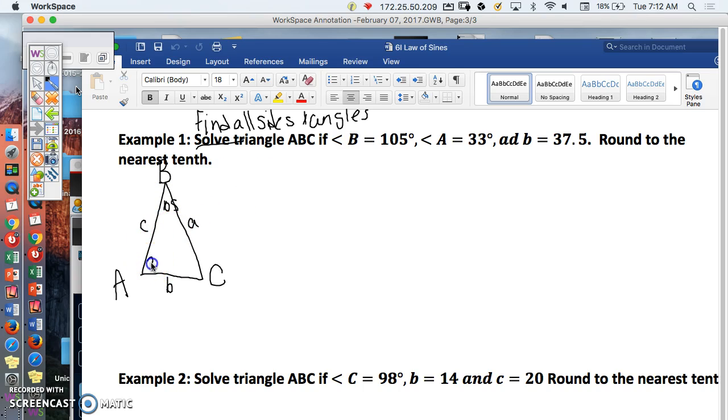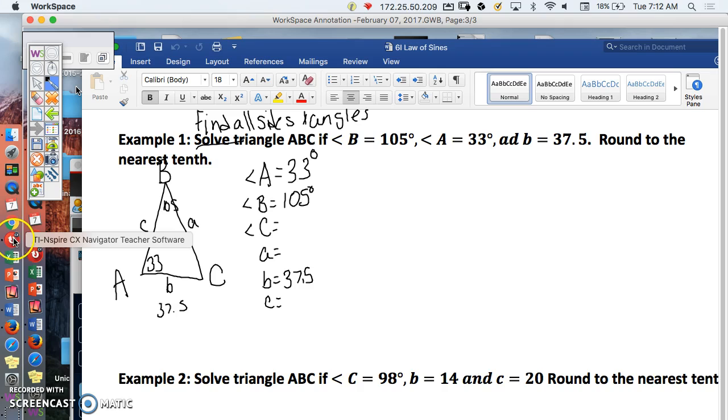Angle A is 33, and little b is 37.5. So we have to find angle C, little a, and little c to solve it. We know A is 33, B is 105, and little b is 37.5.